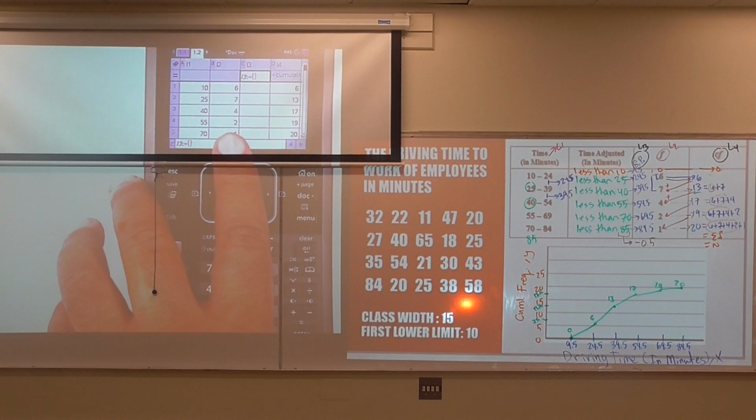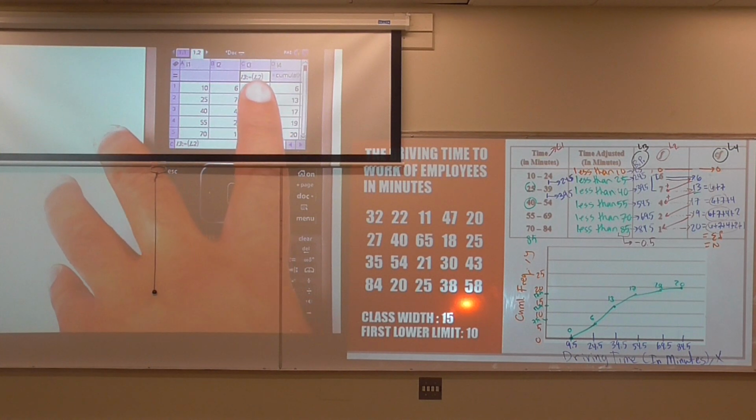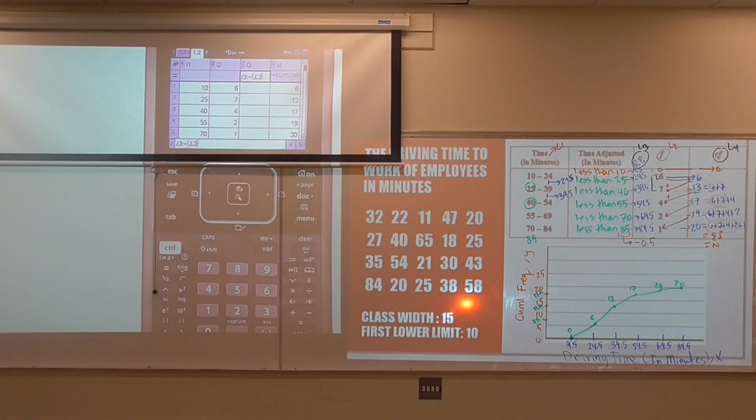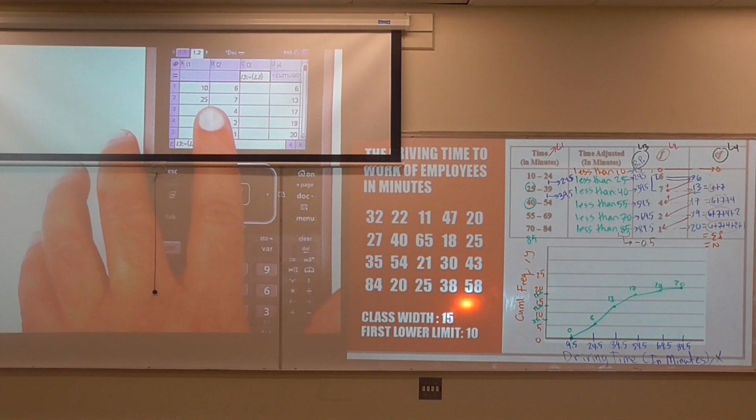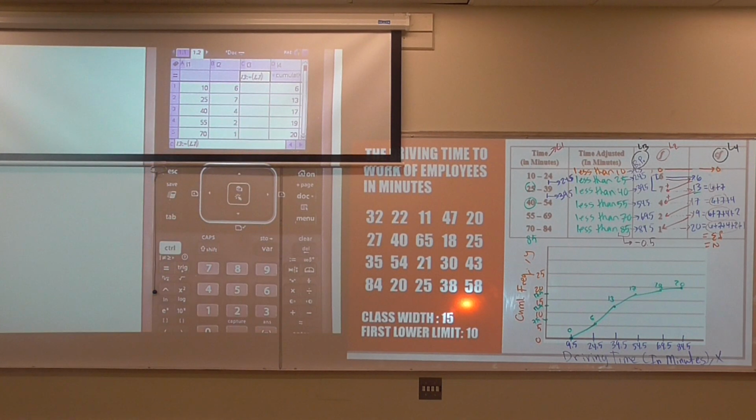Oh no, not L2, L1, delete that real quick. L1, this will be the real lower limits over here. And now outside the parentheses I'm going to put minus 0.5.